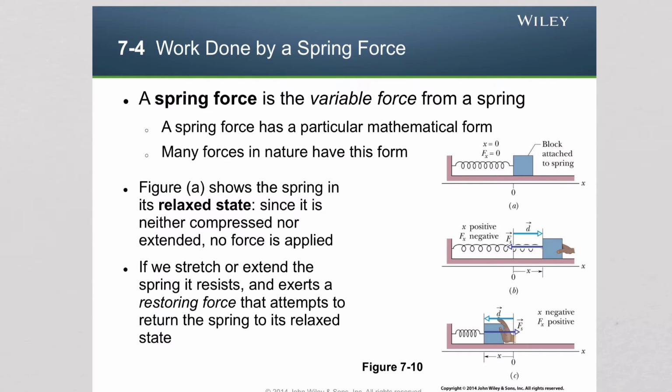So the example here is a spring that is attached at one end, which is fixed, and at the free end we have attached a block. Initially, the spring is in its relaxed state, which means it is neither compressed nor stretched.